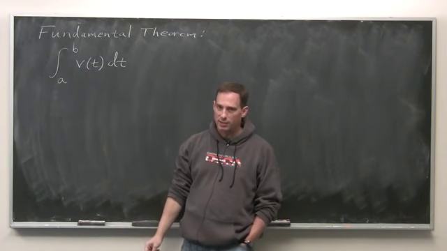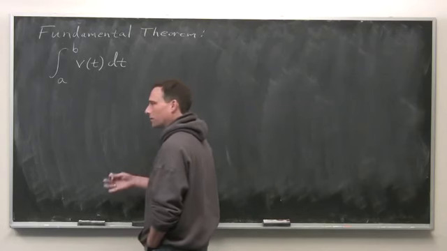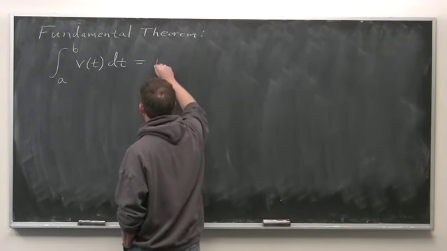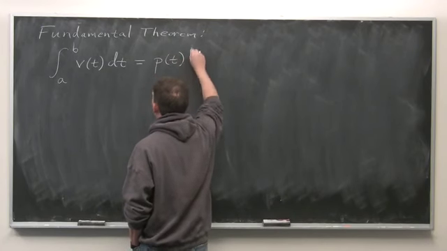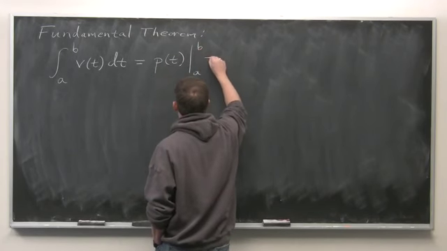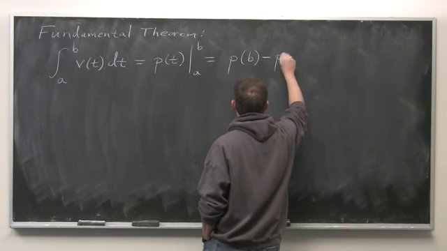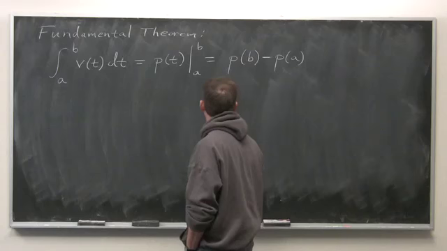But the position is an antiderivative of the velocity, something whose derivative is the velocity. And so the fundamental theorem tells us this is P of t evaluated from a to b, which means it's the position at time b minus the position at time a.